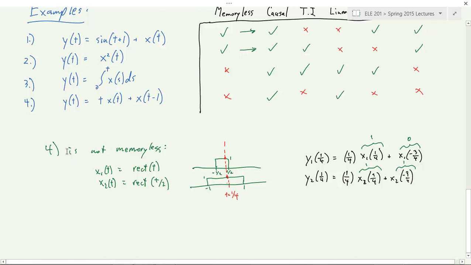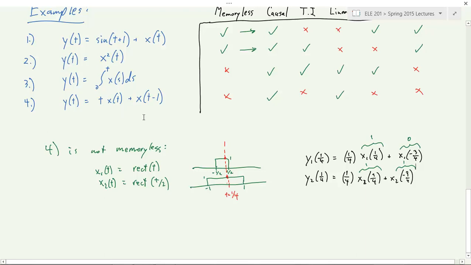Let's look at the same system, 4. And realize that to calculate the output at any time t, you do not need to know future inputs. A future input would be x at some t plus some positive number. And that doesn't exist in the function. So we just know from inspection that this will not depend on the future, therefore it's causal.